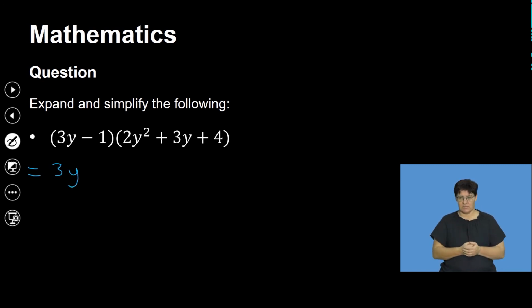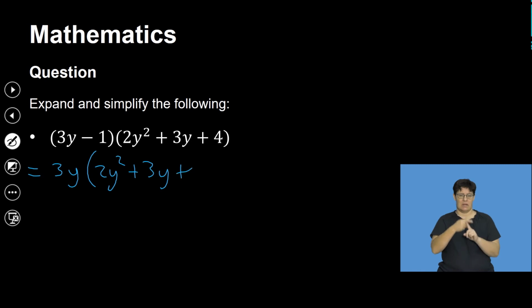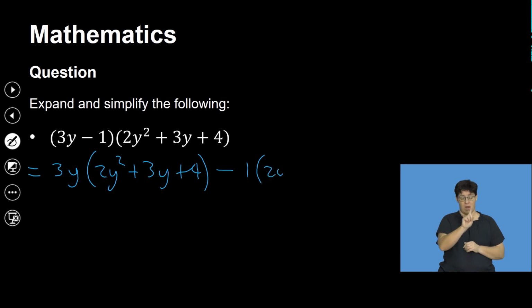So this becomes 3y into 2y squared plus 3y plus 4, and then minus the 1 into 2y squared plus 3y plus 4.